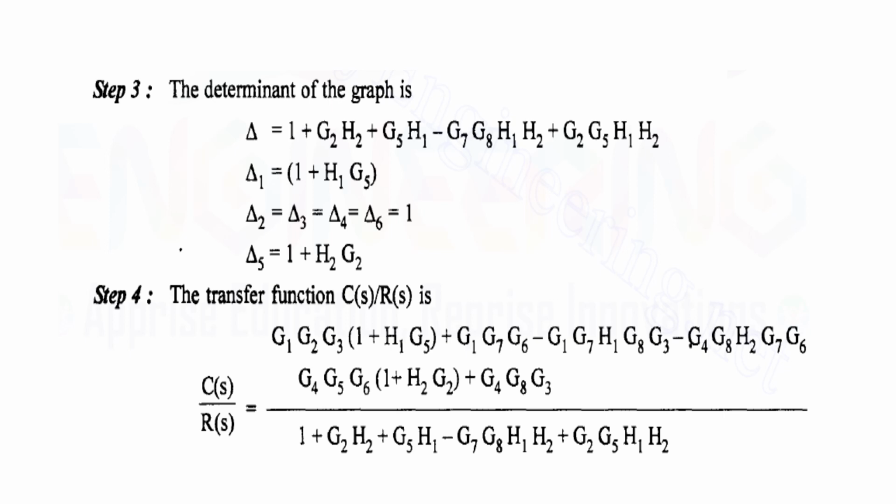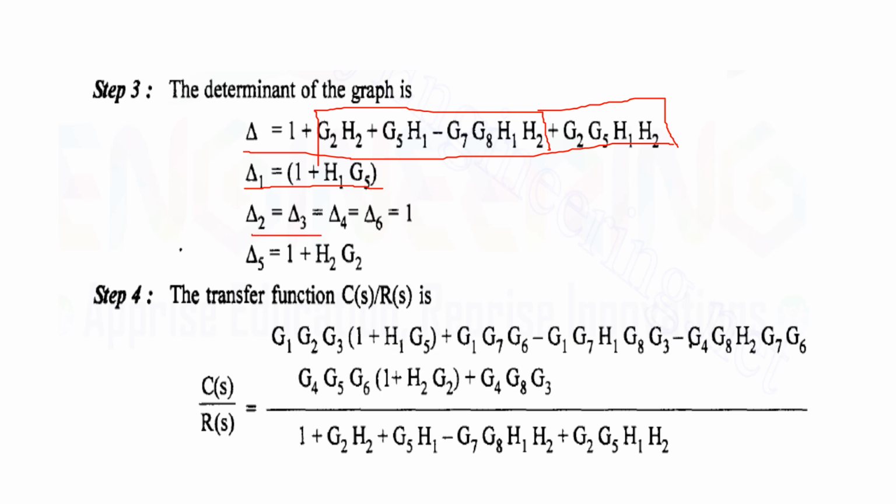So I am determining the delta value using the formula as 1 minus the summation of all the loop gains. So this is the summation of the 3 loop gains, which is added with the gain of 1 non-touching loop. And we have 1 forward path. G5H1 is not touching the first forward path, so delta 1 is taken as 1 plus G5H1.